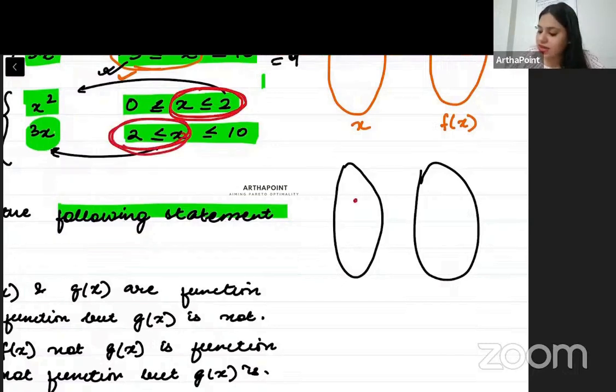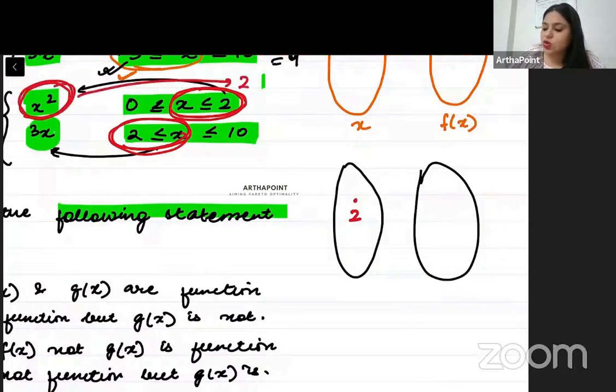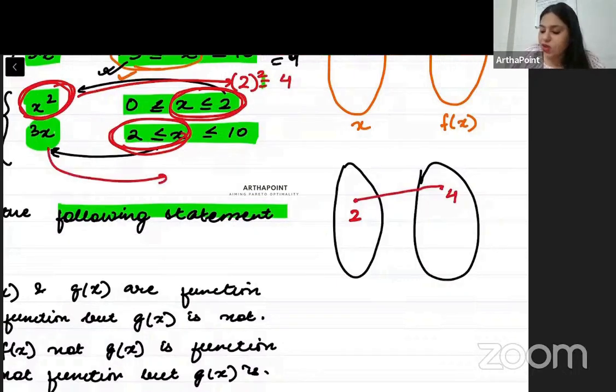Now when I put 2 in this, I will get 2 square, which means I will get the value 4. So 2 is linked to 4. But when I put the value of 2 here, because x equal to 2 is included here also, what do I get? 3 into 2, which is 6.